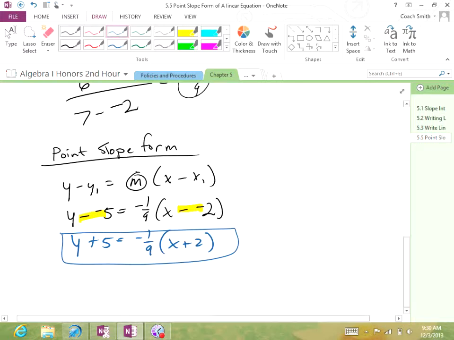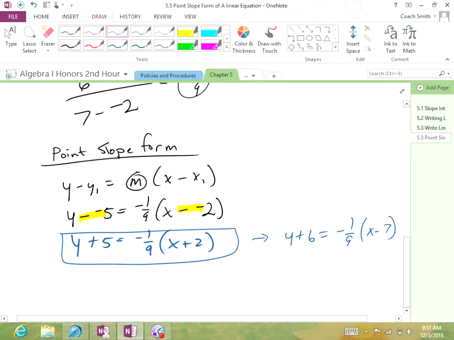Matthew? Do what? Can I use the... Yes. Yeah, you could. In other words, this problem right here could also be this: y plus 6 equals negative 1/9 times x minus 7.